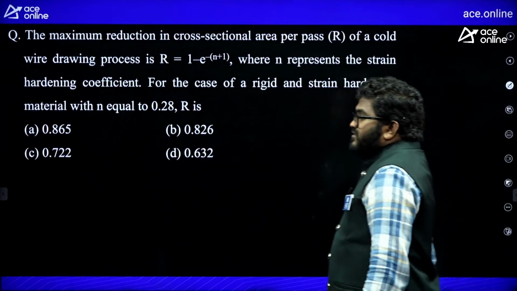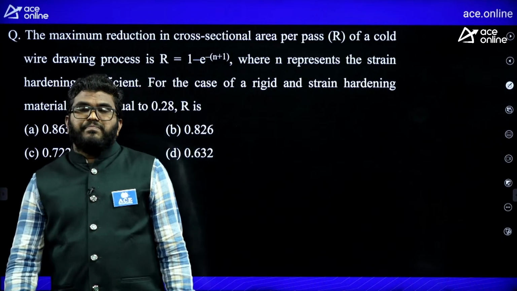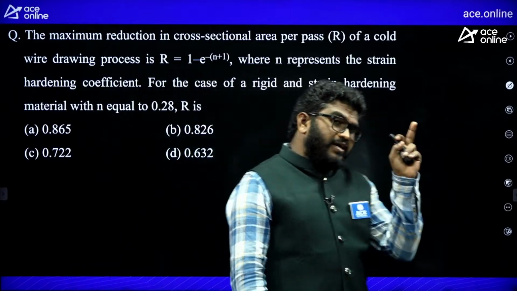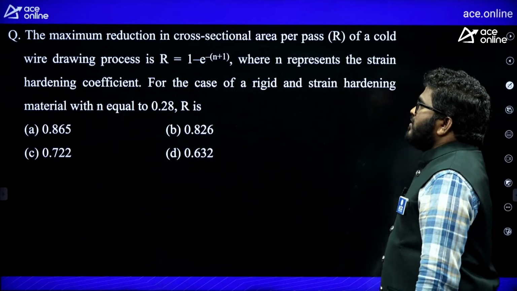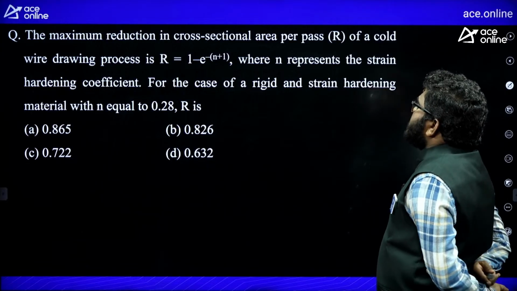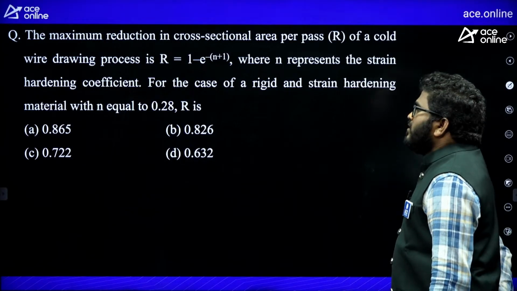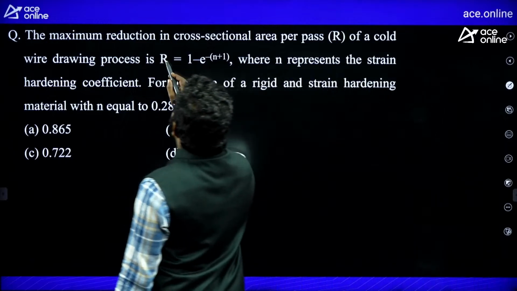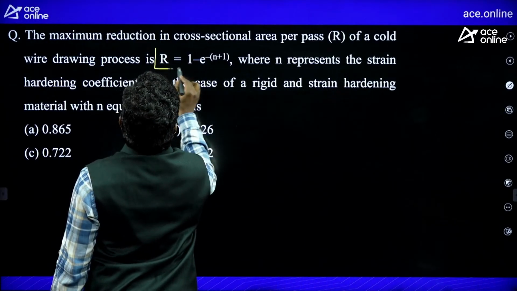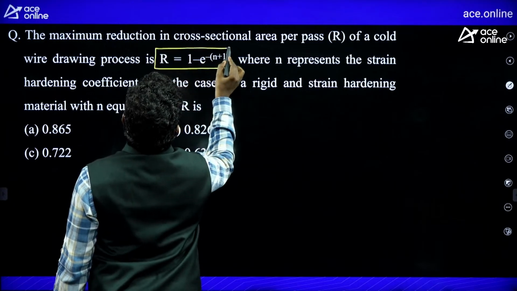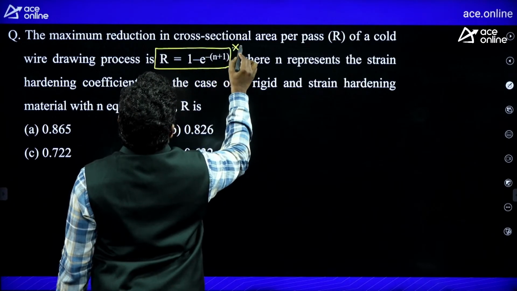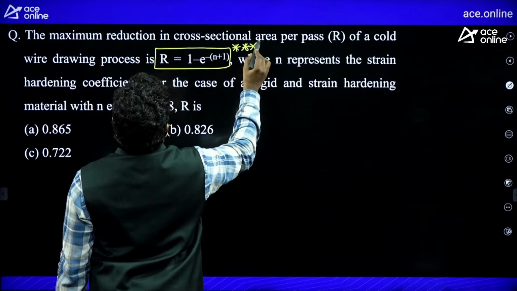Now, this is a question that is very, very important for your exam, any competitive exam. The maximum reduction in cross-sectional area per pass of cold wire drawing process is R equal to 1 minus e power minus (n plus 1). Very, very important formula. In the question itself, I am giving the formula.